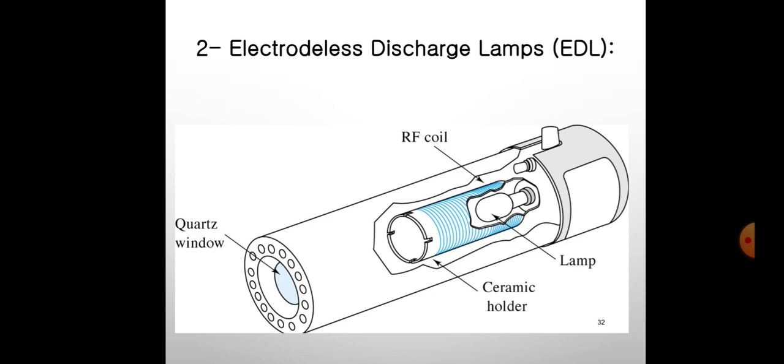But then we put this lamp in an RF coil, and then we use an RF generator that can light this lamp by ionization of the inert gas.